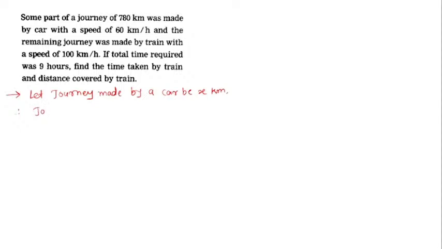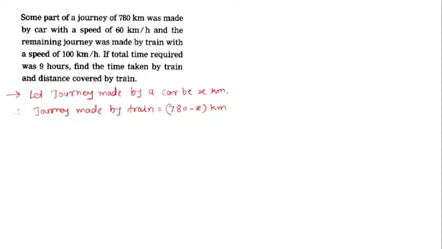So from that we can find the journey made by train, and that is 780 minus x किलोमीटर्स. तर हे जे डिस्टन्स आहे ते ट्रेननं कव्हर केलेलं असणार आहे.